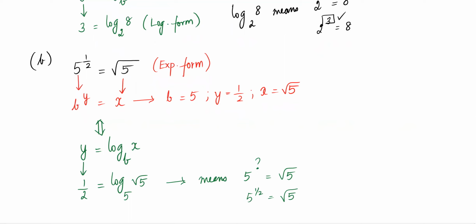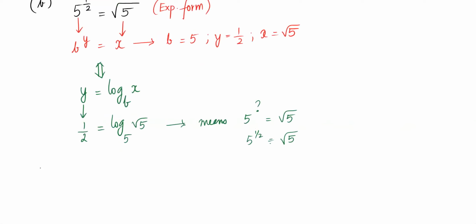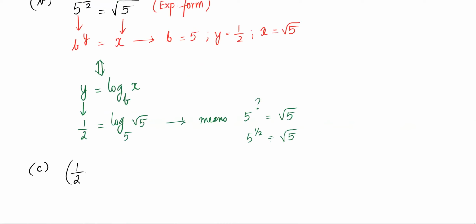And let's look at C. Half power x equals 1 over 16. Okay, so let's recognize that this is in the exponential form. So I match the correct form, which is b power y, and this side is like the x. The one that has the power, the exponent, is going to be that.